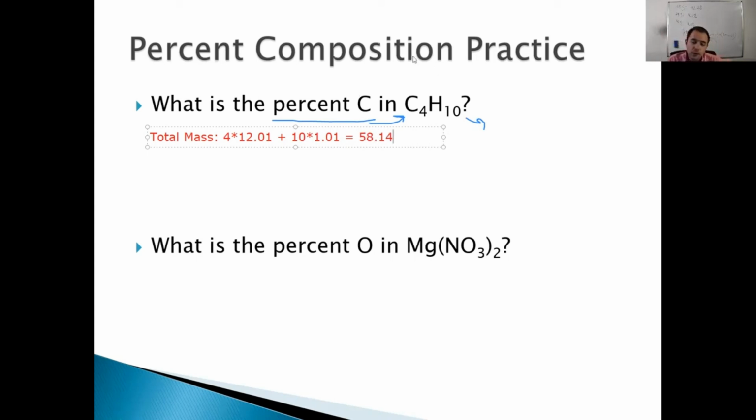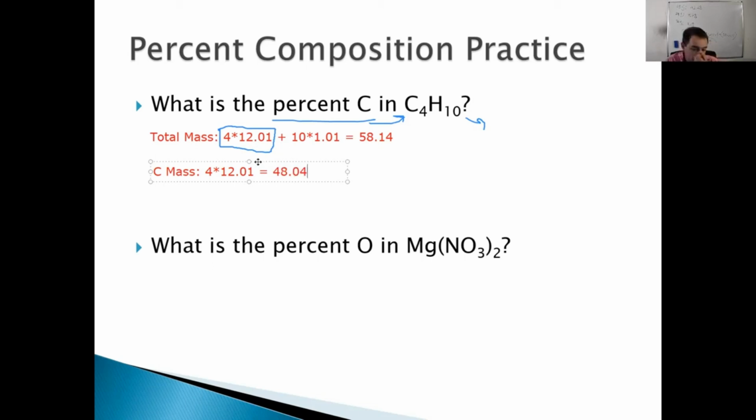Now, if I want the percent that's coming from just the carbons, what I have to do is take the mass from just the carbons. So this is the carbon mass. That's going to be 4 times that 12.01. That's going to be 48.04, right?